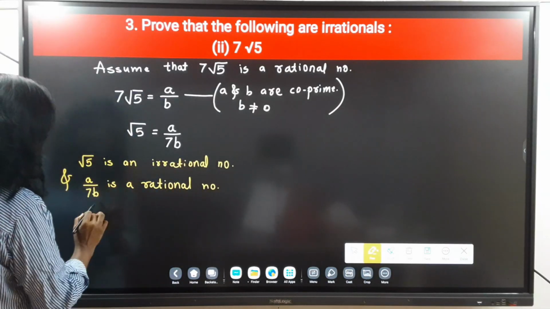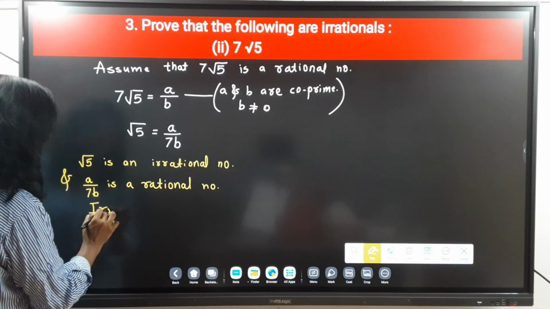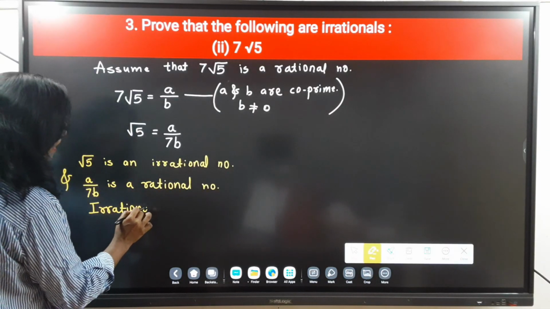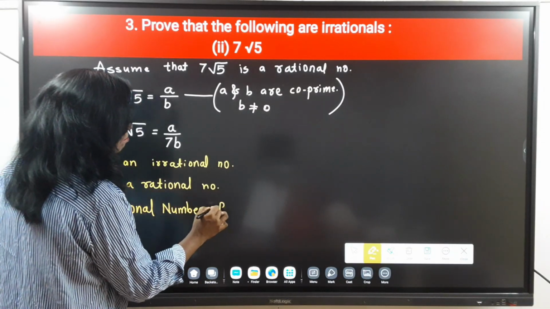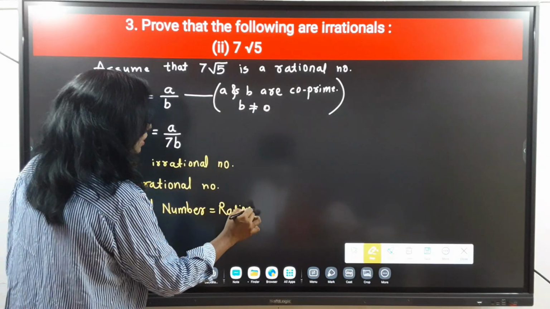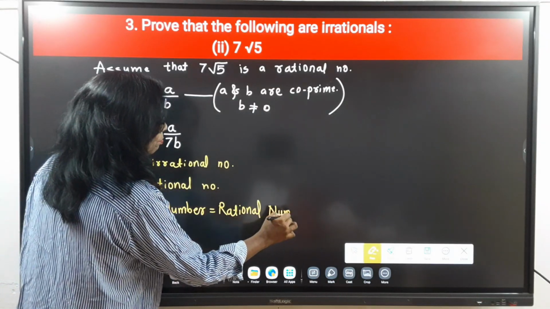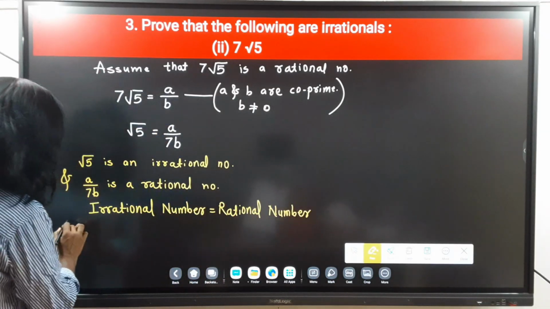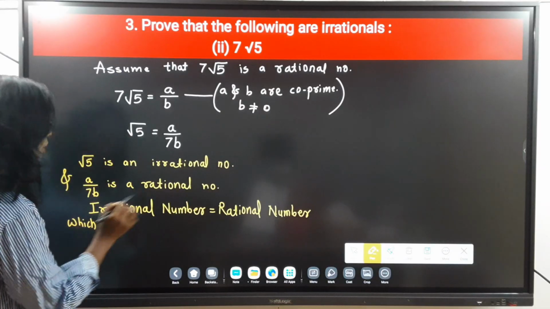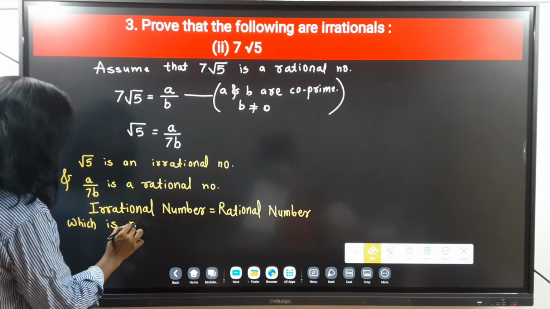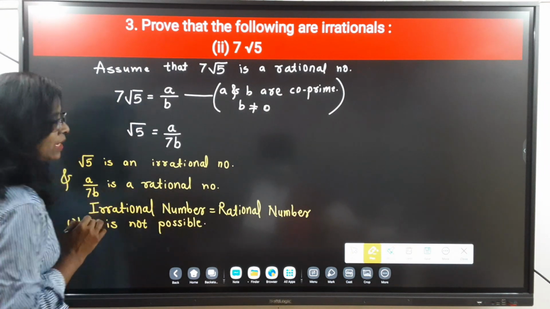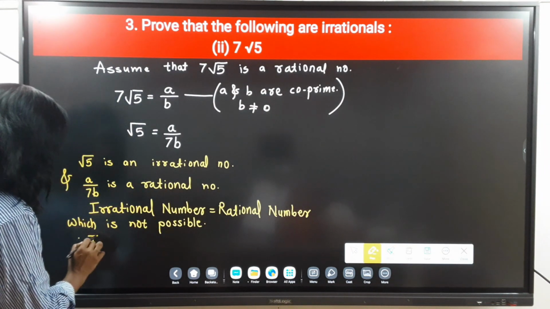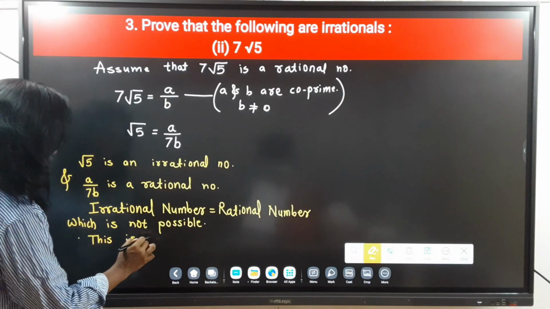In this condition we get irrational number is equal to rational number. But this is not possible, we get irrational number is equal to rational number, which is not possible. So this is a contradiction.